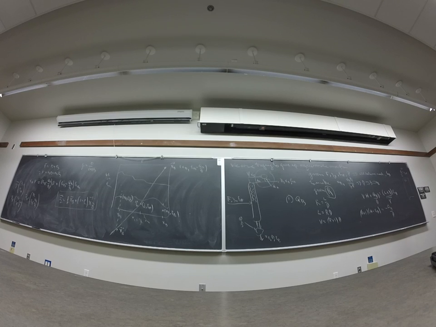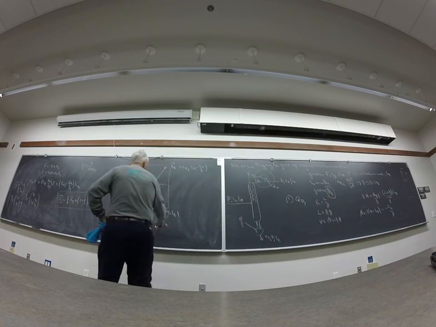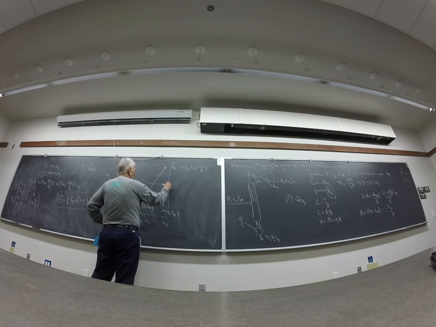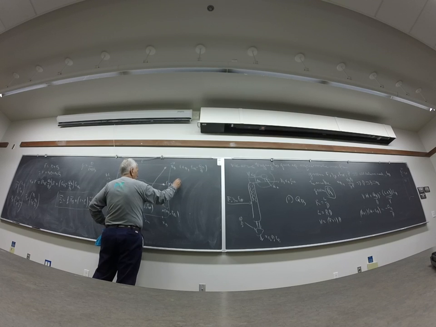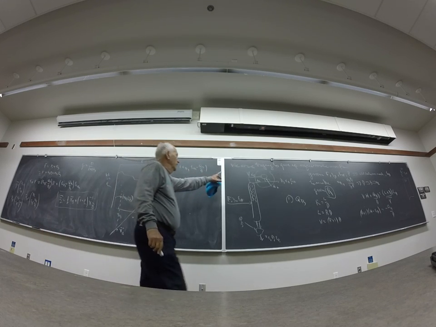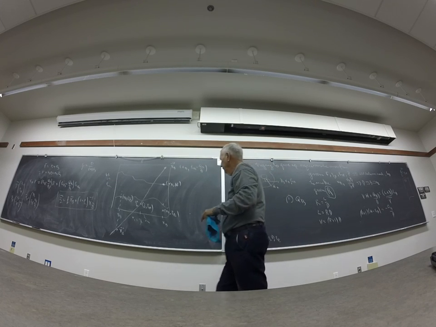So let me put on the diagram where these things are. If this is XD and this is little HD, that right there must be a point whose coordinates are XD and H. This, of course, is saturated vapor of the same composition as that liquid.